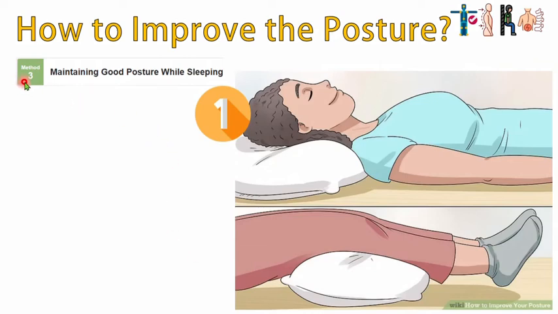Now method number three, maintaining good posture while sleeping. Every day we sleep, and if we have a bad position when we sleep, it can affect our posture. So you need to provide support for your back with pillows while sleeping.